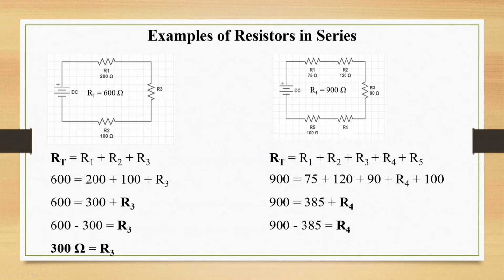So 900 minus 385 is equal to R4. Then 900 minus 385 is equal to 515 ohms. So R4 is equal to 515 ohms. That is how you compute the total resistance in resistors connected in series.